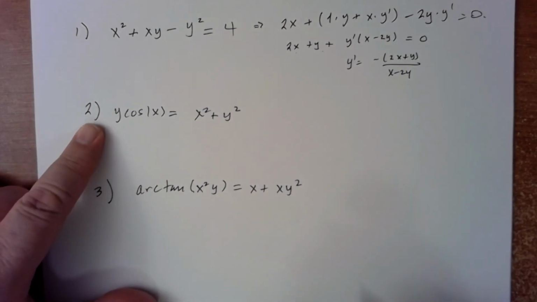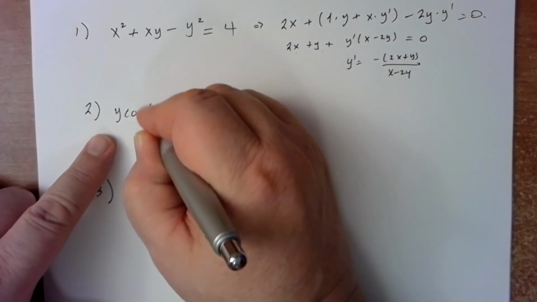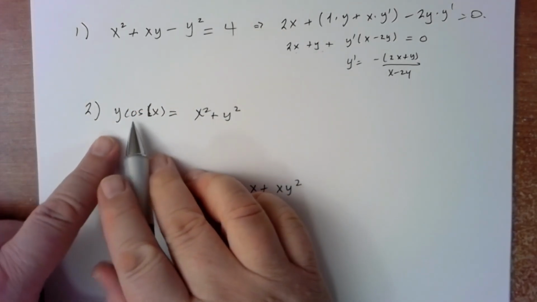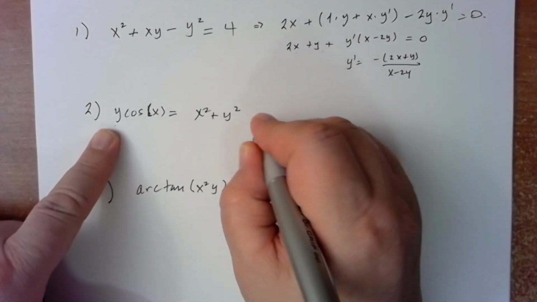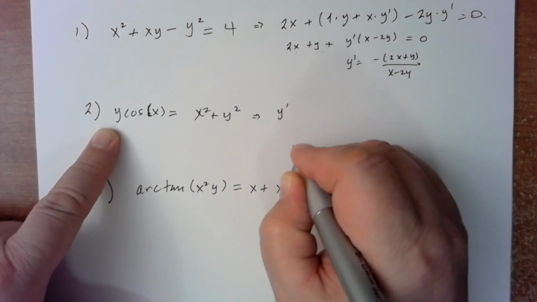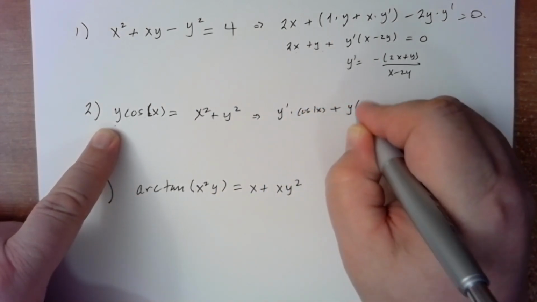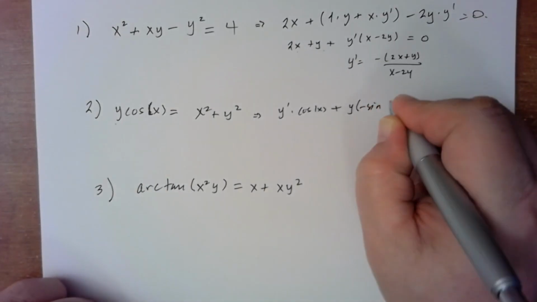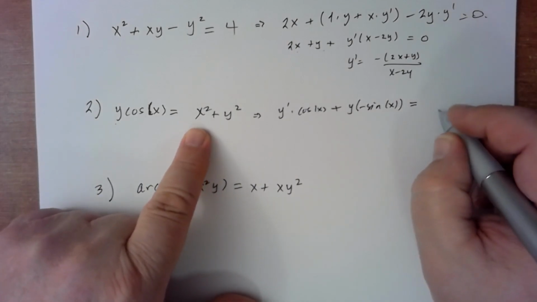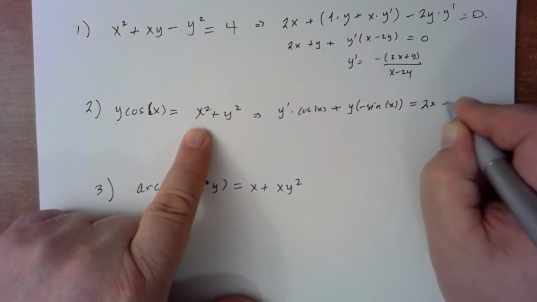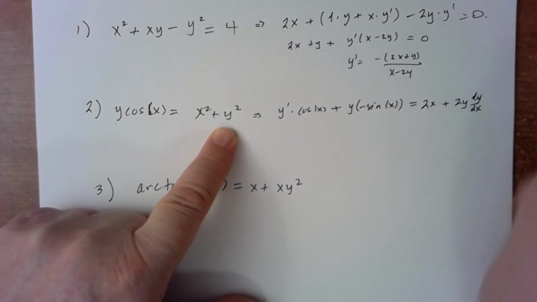Alright, something similar happens here. When I differentiate this, I'm going to use a product rule, and so the derivative of y is going to be y prime times the cosine of x, plus y times the derivative of cosine, which is minus the sine of x. Good. That's equal to the derivative of x squared, which is 2x, plus the derivative of y squared, 2y, dy over dx.